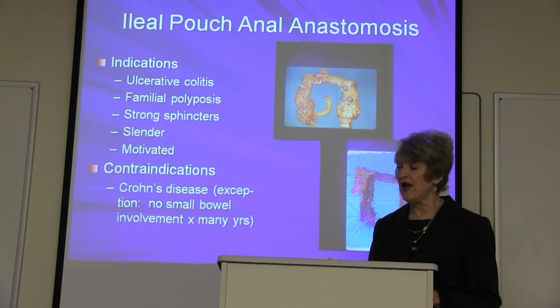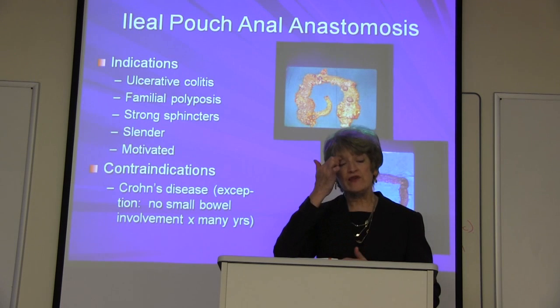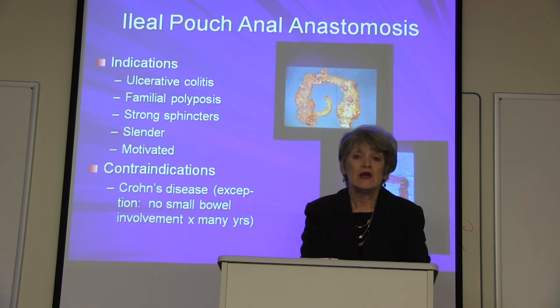One thing I should point out, and I didn't put it on the slide, but I probably should have. What if you have a patient who 20 years ago had a proctocolectomy, removed the colon, the rectum, the anal canal, the sphincters, and did a permanent ileostomy for ulcerative colitis.